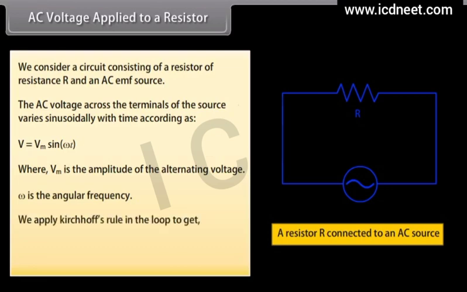We apply Kirchhoff's rule in the loop to get I = (Vm/R) sin ωt.